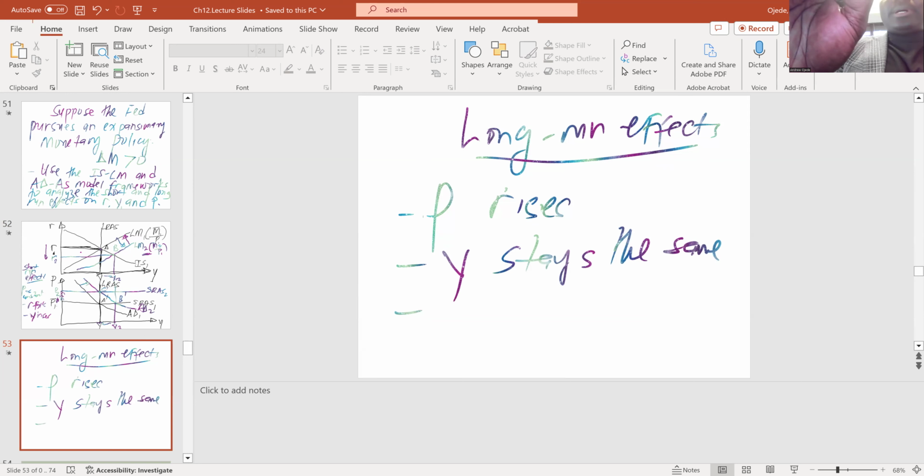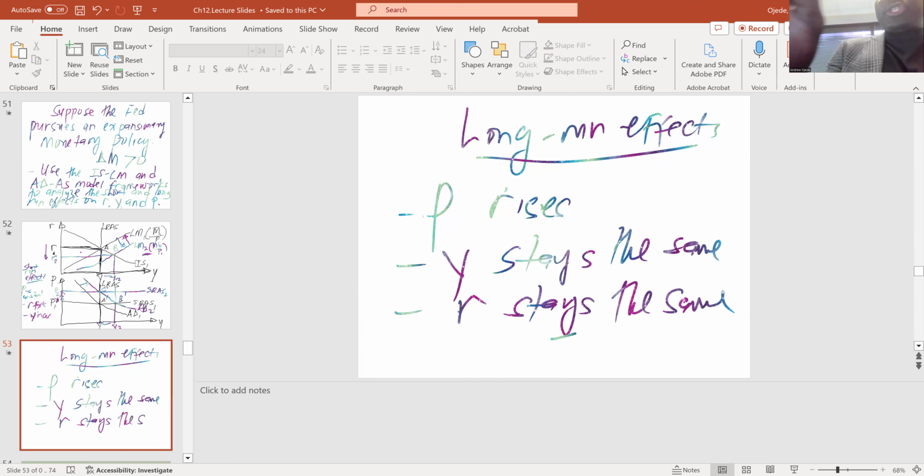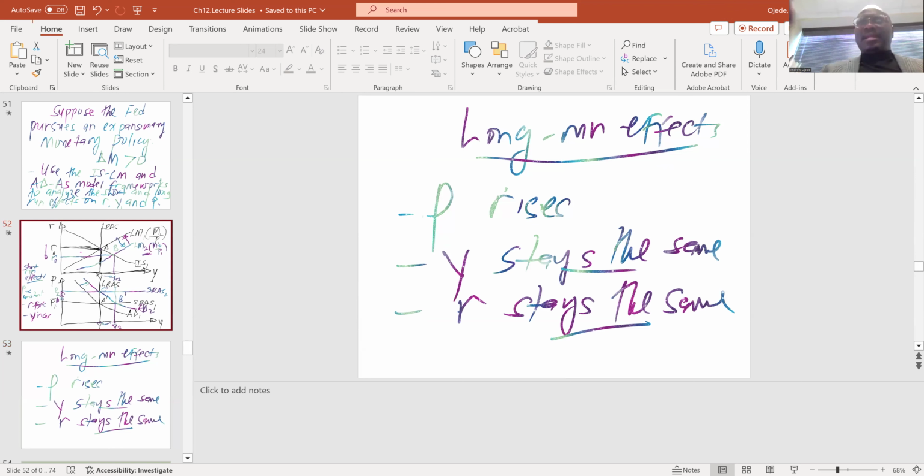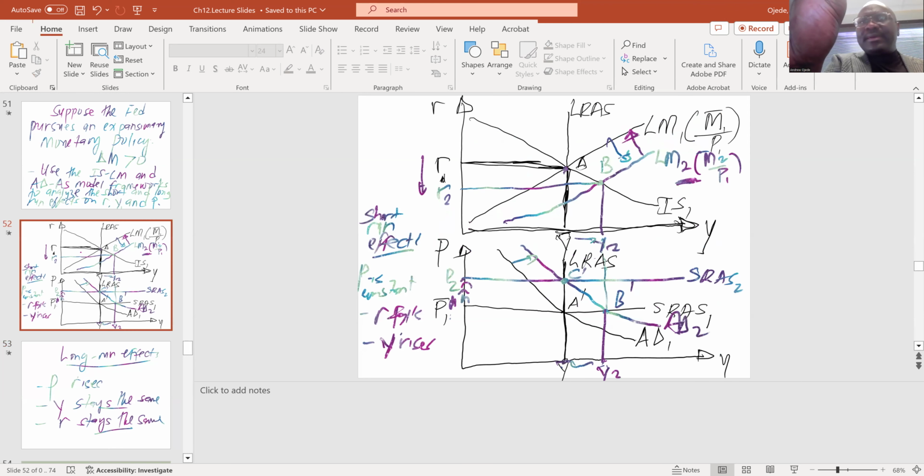And then interest rate stays the same in the long run. That's right. There's no change in interest rate long run. The long run effect, because we started at point A, we shifted the LM curve to the right, and we shifted the AD curve to the right. So that only had a temporary short run effect on output and interest rate. Interest rate fell and output went up from Y1 to Y2.